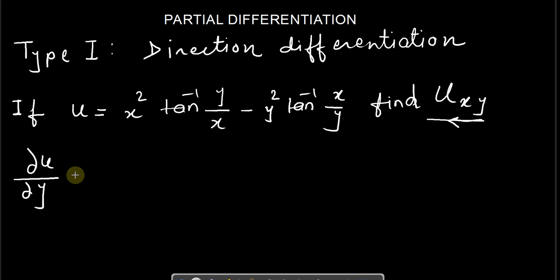Differentiate u partially with respect to y, which is derivative of u with respect to y keeping x constant. Now in u there are two terms. So differentiate separately. In first term, x square is going to be constant. Differentiate only tan inverse y by x.